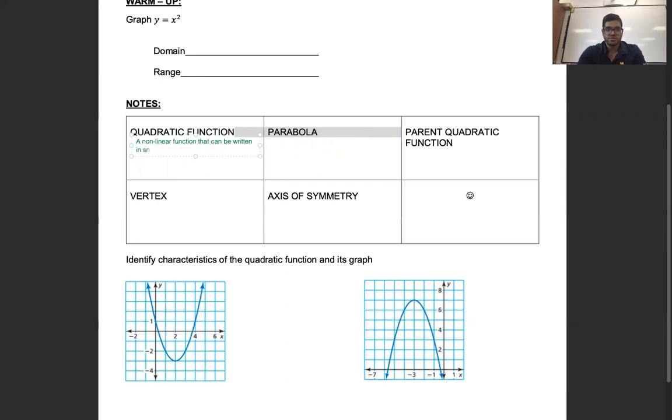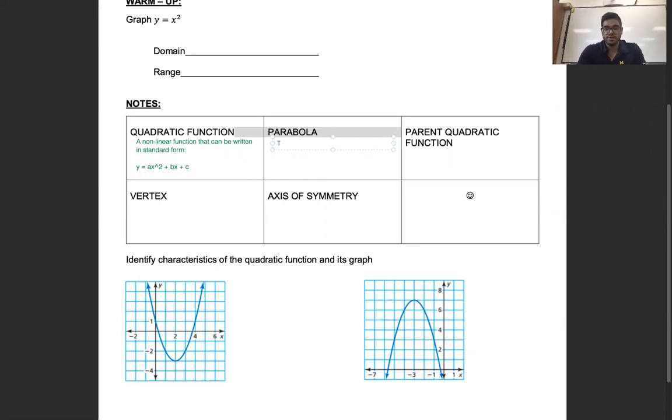And just as a reminder, what standard form is, you have y equals ax squared plus bx plus c. Okay, so that's the definition of a quadratic function.